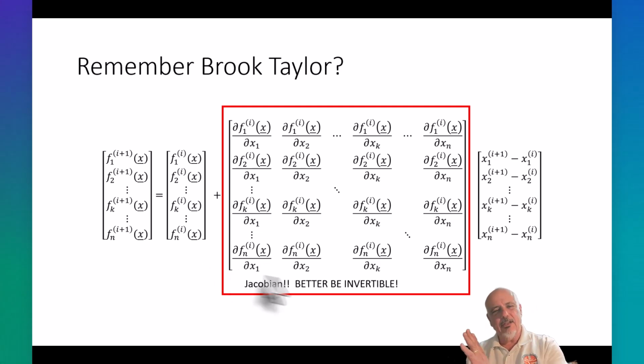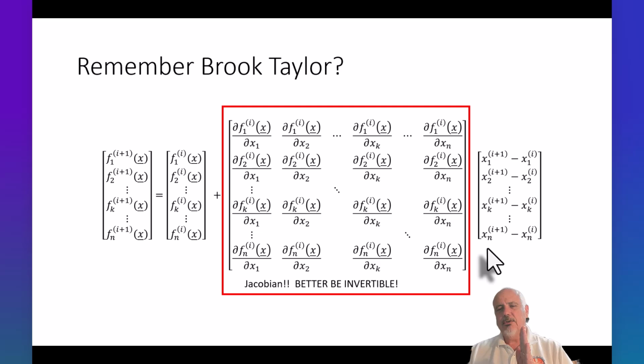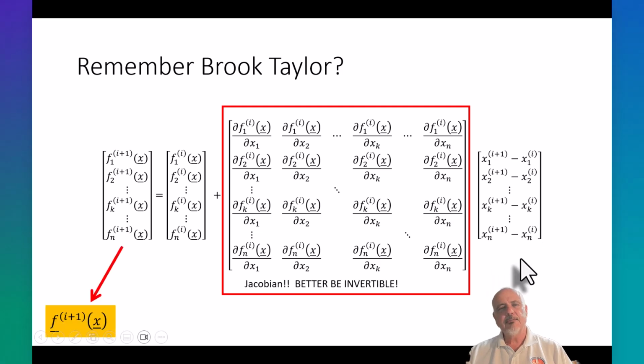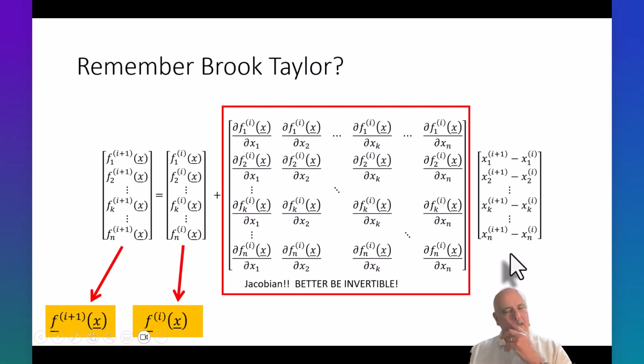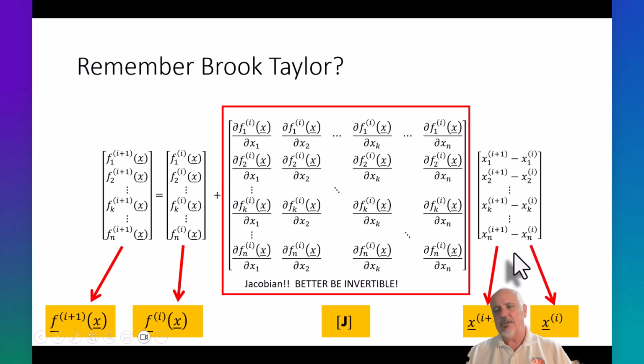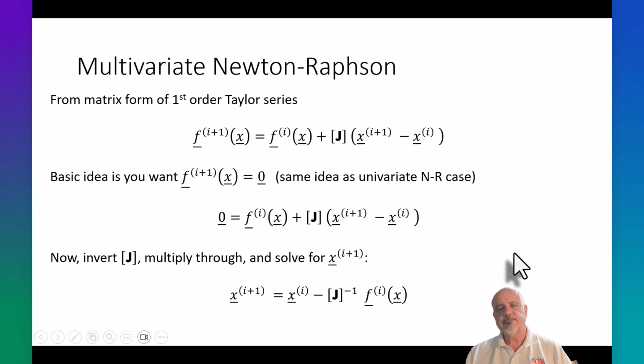And then you add in the Jacobian matrix times the change in x's from the current x ith iteration to the next x iteration as column vectors. And that's our first order expansion of the n functions.